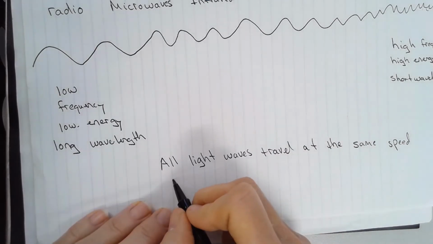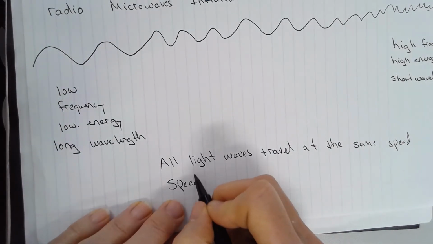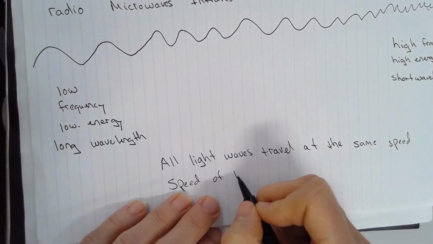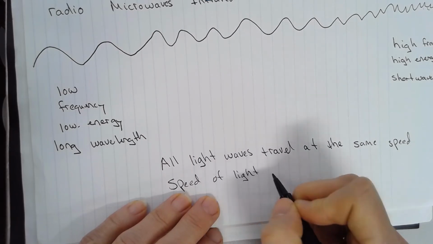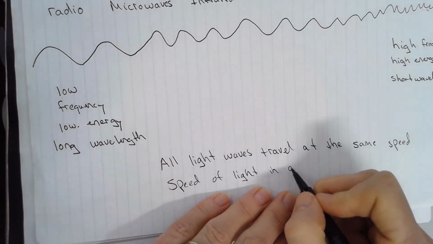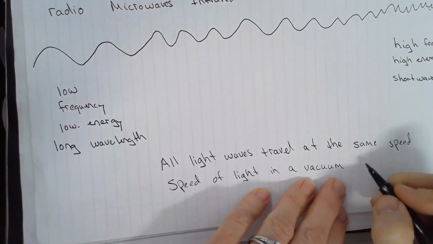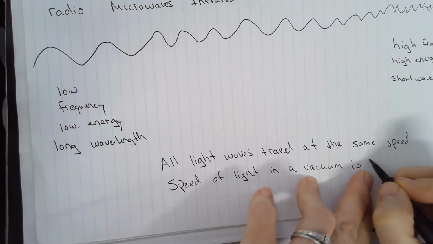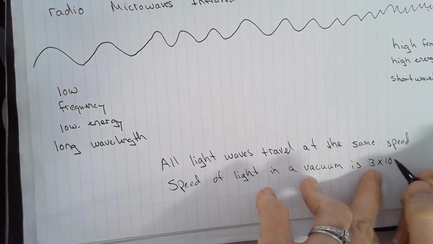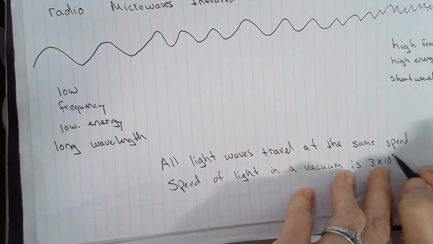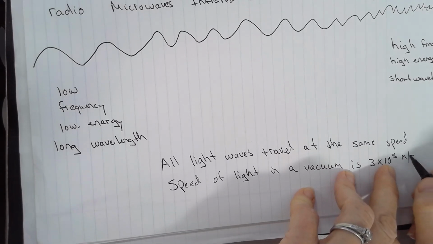And the speed of light in a vacuum is 3 times 10 to the 8th meters per second.